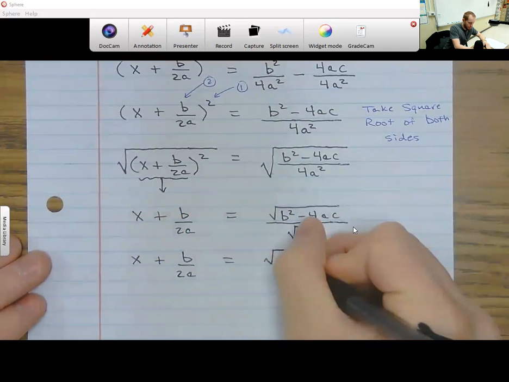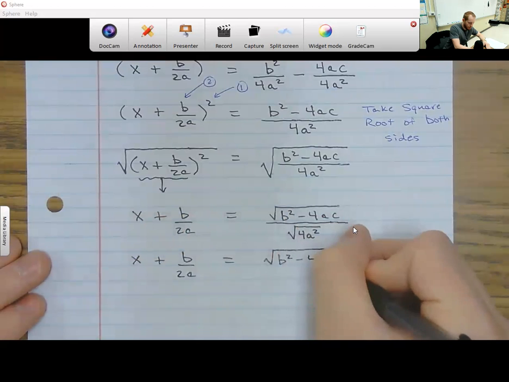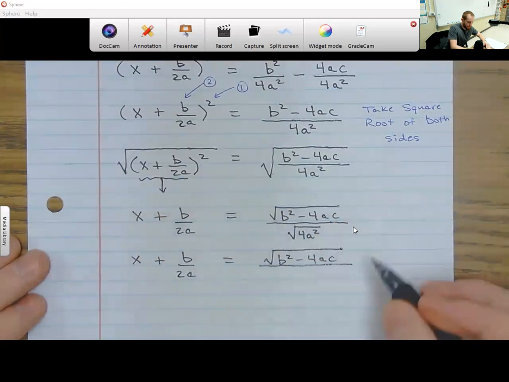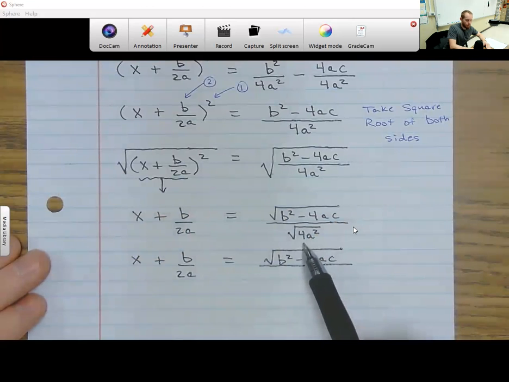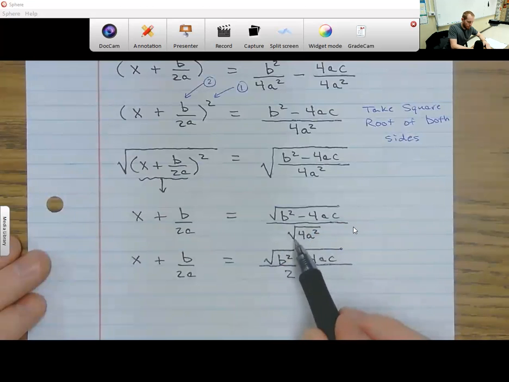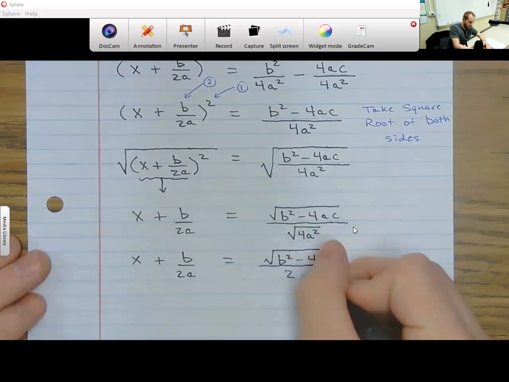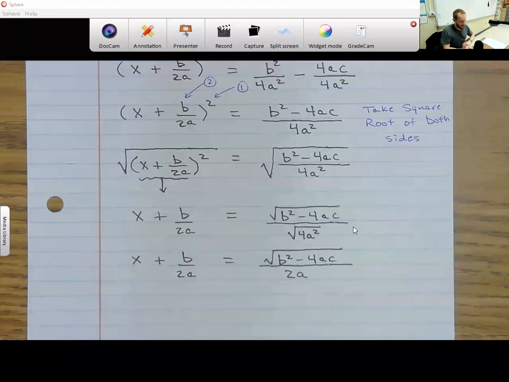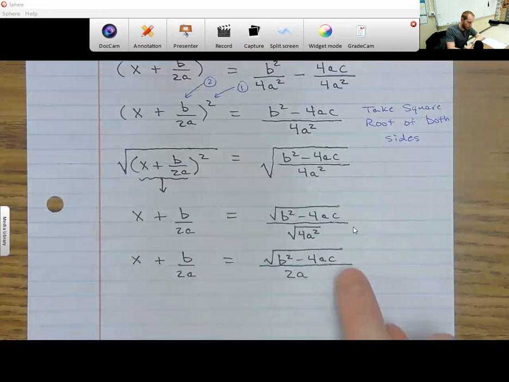The top is still going to be b squared minus 4ac. But we can take the square root of the bottom, right? So what's the square root of 4? Wouldn't that just be 2? And what's the square root of a squared? Wouldn't that just be a? So now I've got a 2a at the bottom. But the top, I can't take the square root of this yet. And you'll see why in a second.